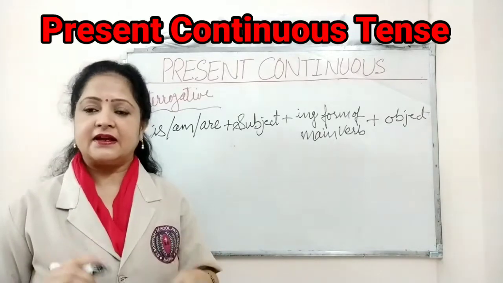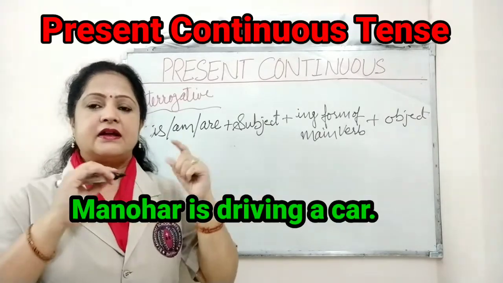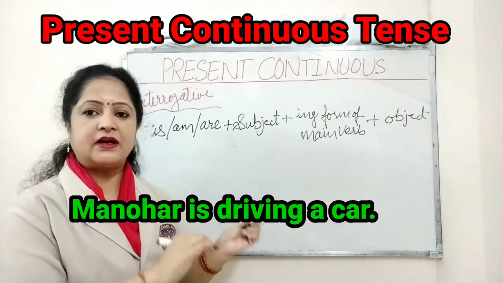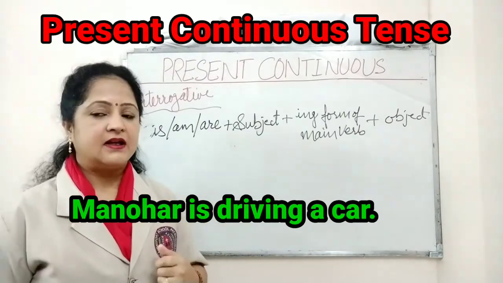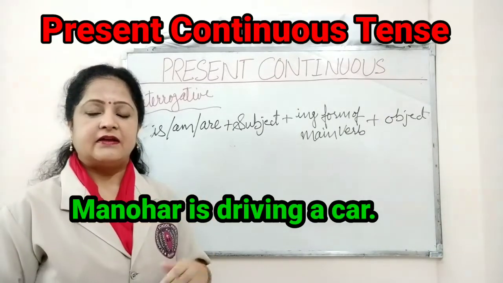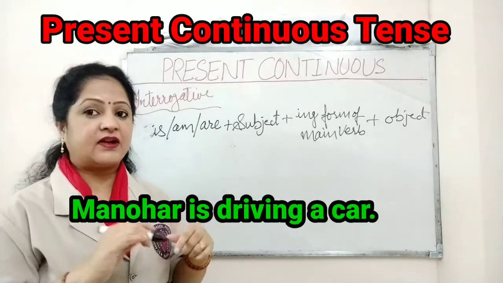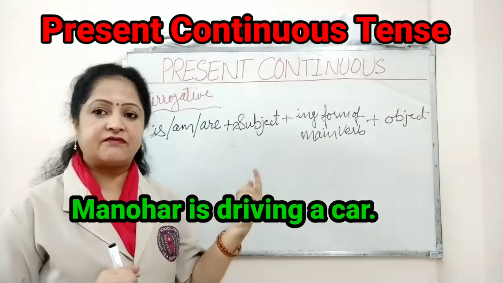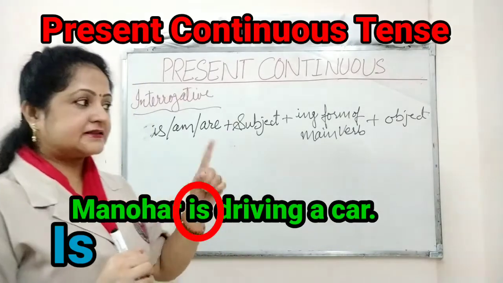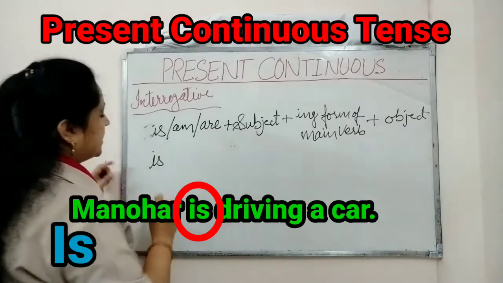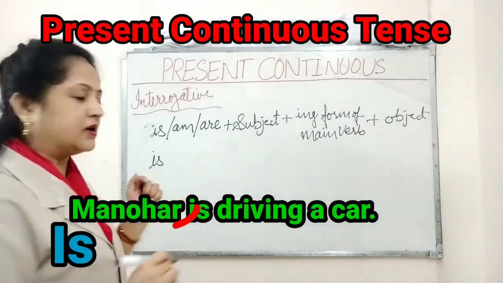I am saying, Manohar is driving a car. Now I have to make an interrogative sentence. First of all, I told you we write the helping verb. What is the helping verb here? Is. So first we write is.